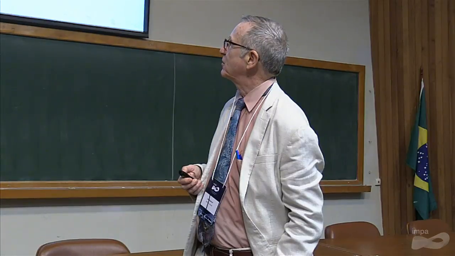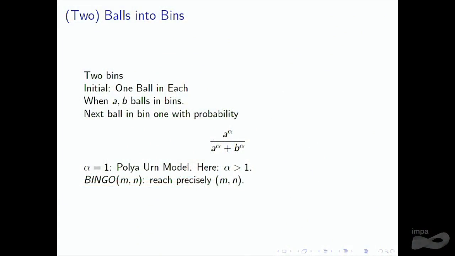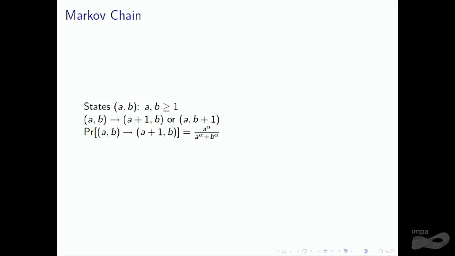And we'll define the term bingo of M, N to mean that when you're doing this, you reach the place where the first bin has M and the second bin has N. Notice there's no going backward, so you either hit it or you don't. Okay. So equally well, it could be a Markov chain.